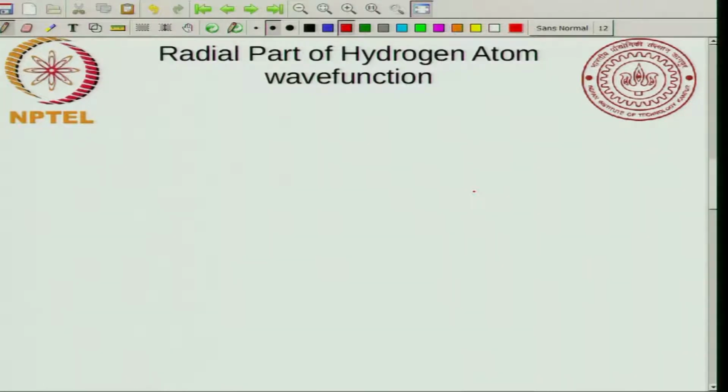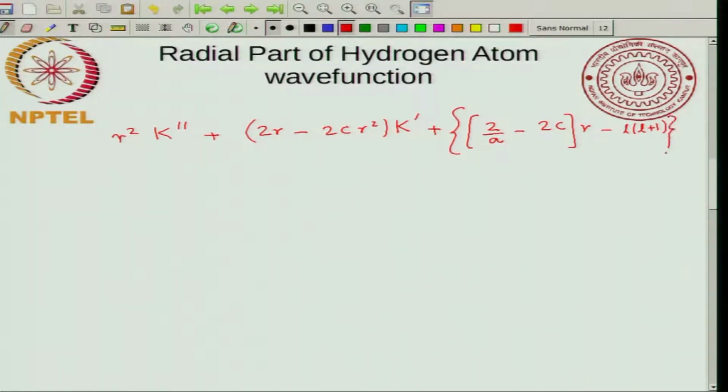So it looks like the following: r square k double prime plus 2r minus 2c r square k prime plus 2 by a minus 2c r minus l plus 1, the whole thing multiplied by k equal to 0. So I wrote it as r square times k double prime plus something. I do not have just an r k prime, I have an r and an r square k prime, and I have something else equal to 0.